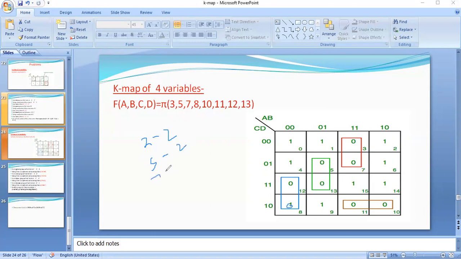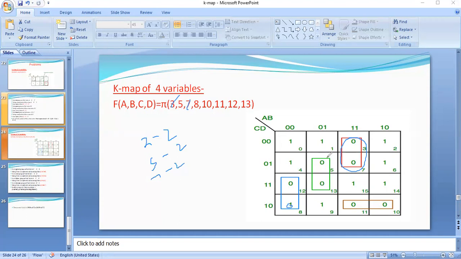For 7, 2. So for example, if I take 3 with 7 as pair, it means 3 and 7 are involved in a group. After that, I will go with 5.